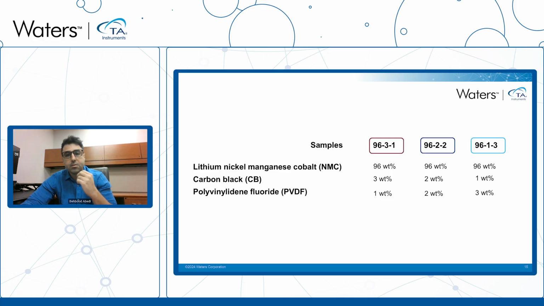And the 9613 is the contrary, 96 weight percent NMC, 1 weight percent carbon black, and 3 weight percent PVDF. So this sample has the highest content of binder, and the 9622 has equal amounts of binder and conductive additive.